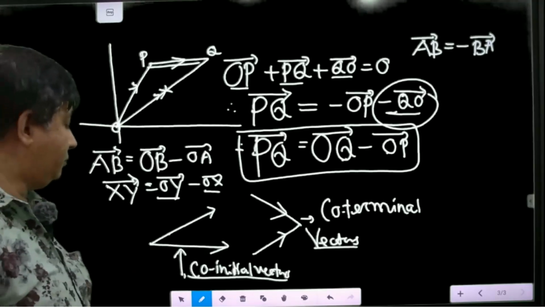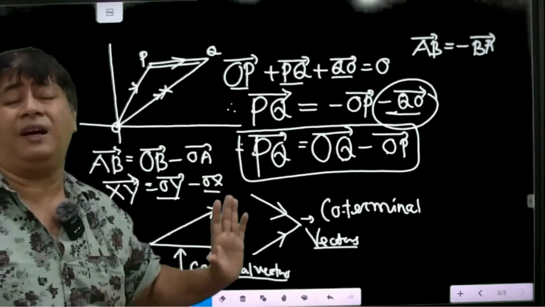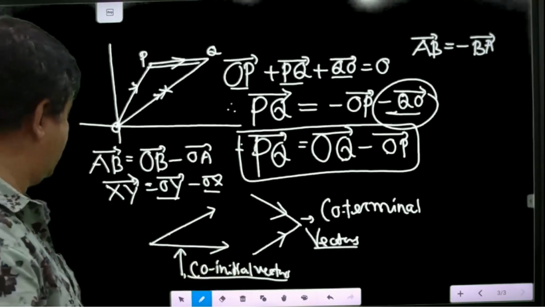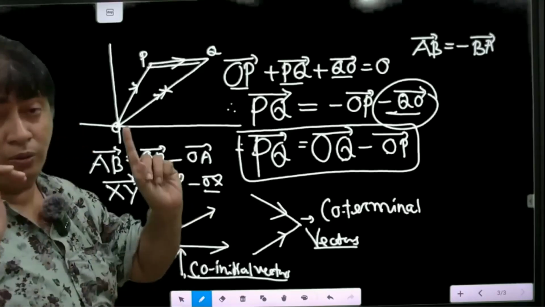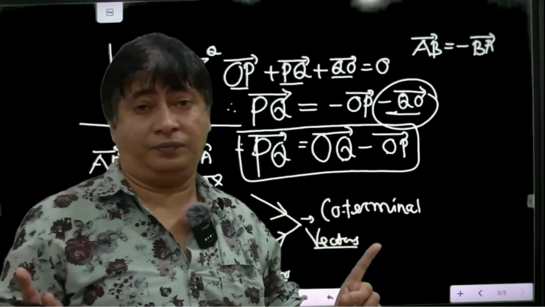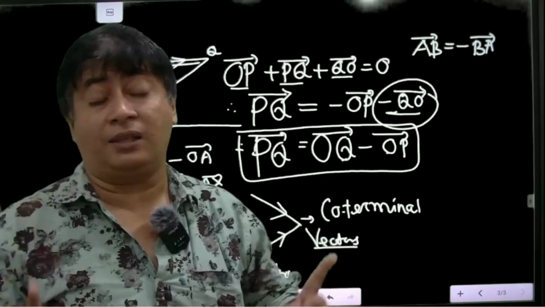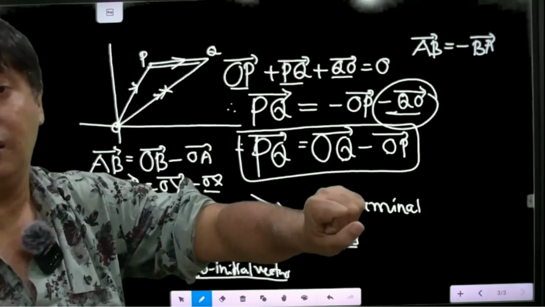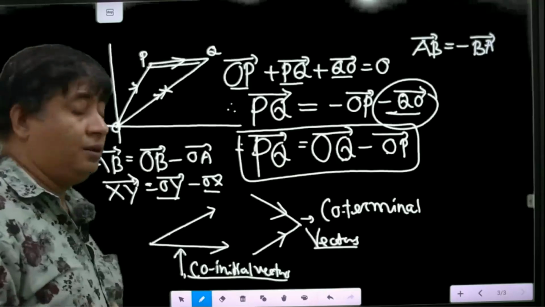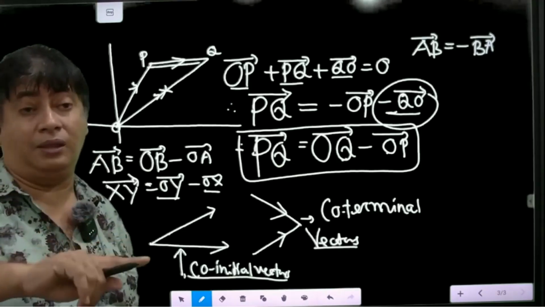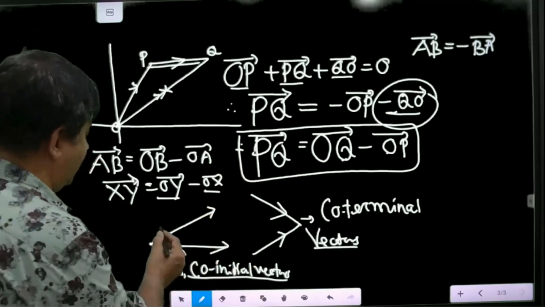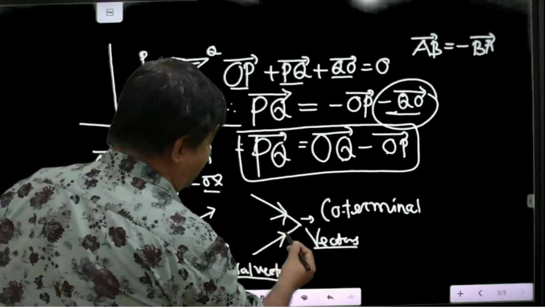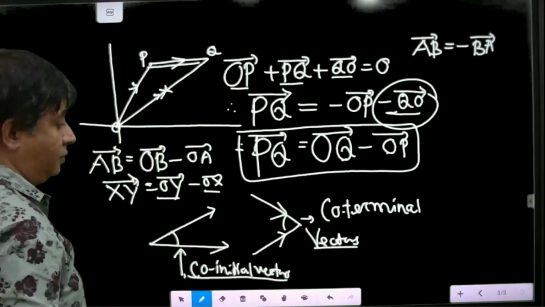Now, how to find the angle between two vectors? See, if two vectors are co-initial like this or co-terminal like this, then we can find the angle included by them, this angle or this angle. Okay.